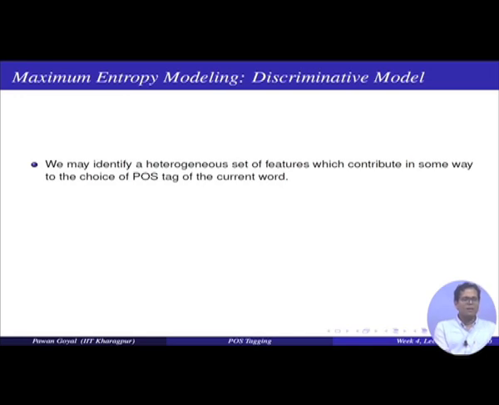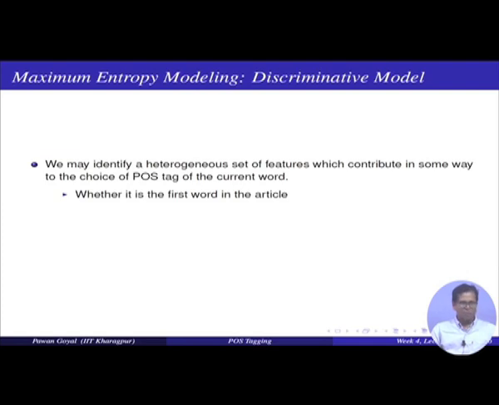Now the maximum entropy models are discriminative as compared to generative models, which are HMMs. You are allowed to identify a very heterogeneous set of features, not only the tag given the previous tag or the word given the tag. You can use any sort of features which you think might contribute to the choice of part of speech tags.